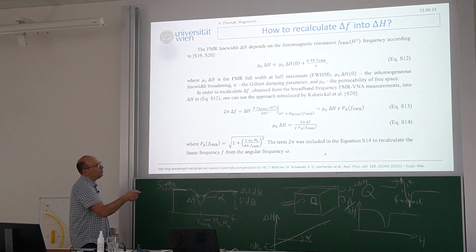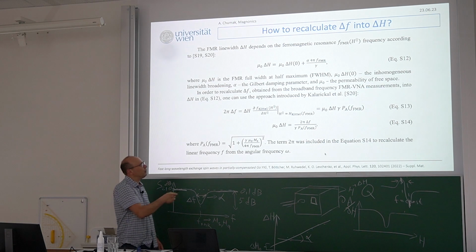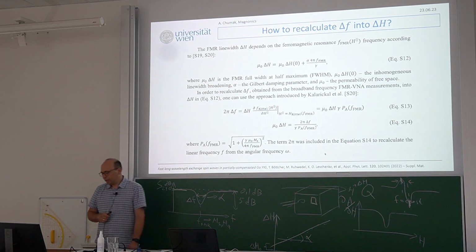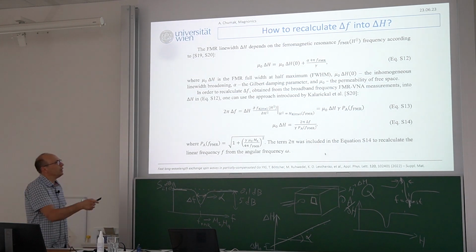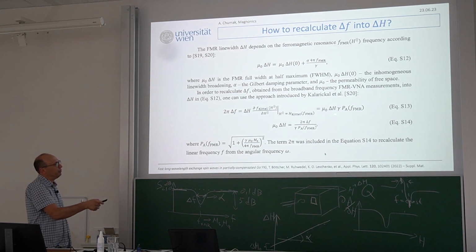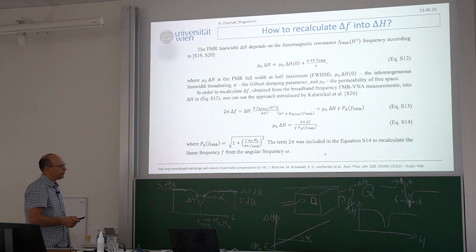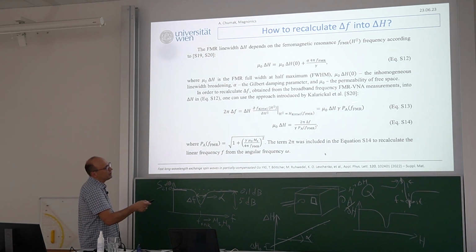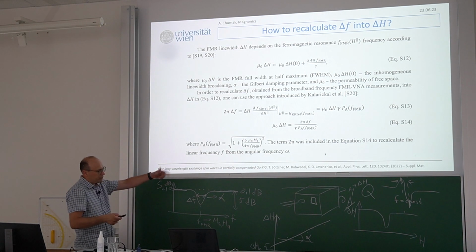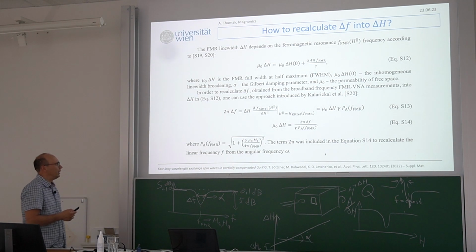More or less you need to take the derivative of your dispersion curve and plug it in. Then there will be some parameter, which will be, if I remember right, close to 1, but it will be different. So you need to take into account this additional factor, which helps you to recalculate delta H into delta F.